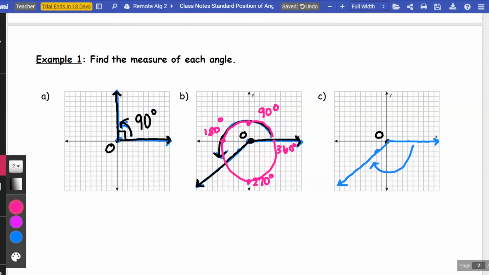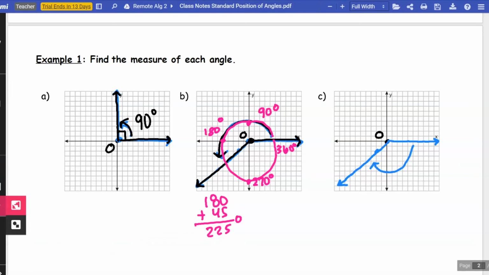Okay, but back to our problem at hand here. It looks like this terminal side actually ended about halfway between 180 and 270. Well, 180 and 270 are 90 degrees apart, so halfway is 45 degrees, and I know that 180 plus 45 would be 225 degrees.